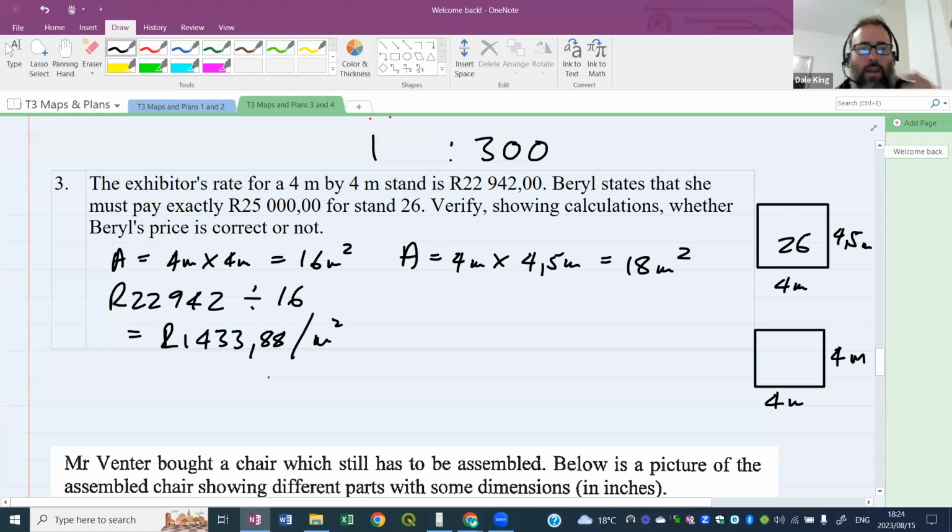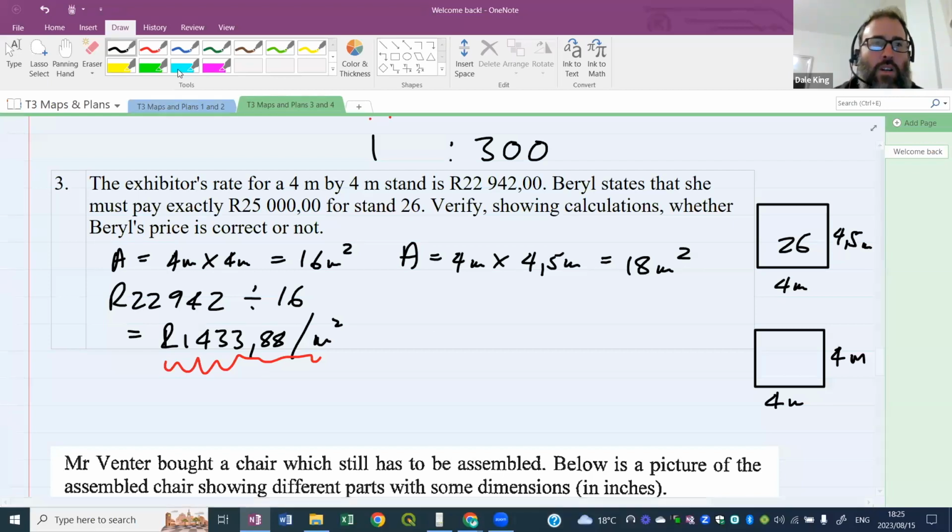So we should do what now, Ben? We should check this. So we've got a per square meter price. Is Beryl getting the same value? Yeah. What do we do now with this per meter square price? What do we do with the value?